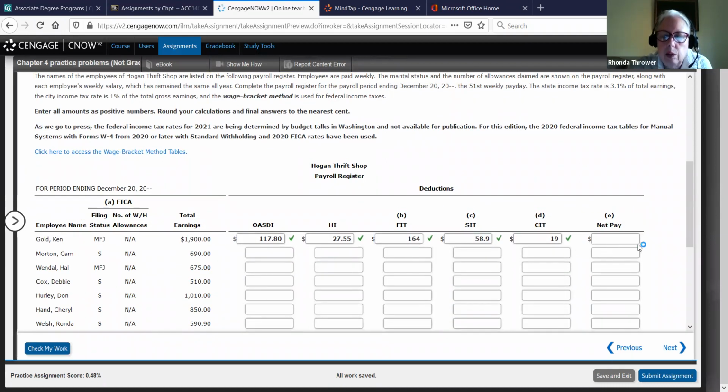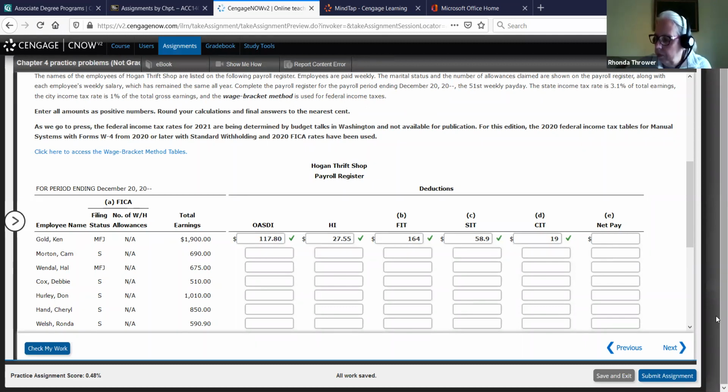So in the last column, they want you to find the net pay. The net pay would be your gross earnings minus each one of these items, these taxes, and that will leave you with the net pay.